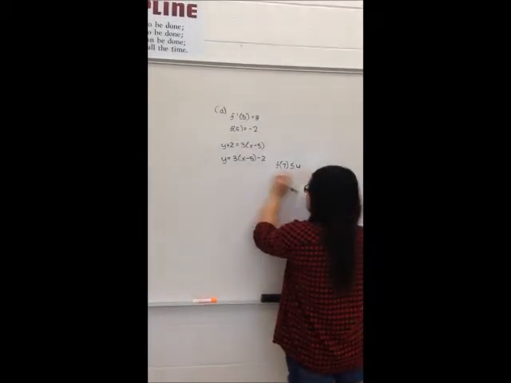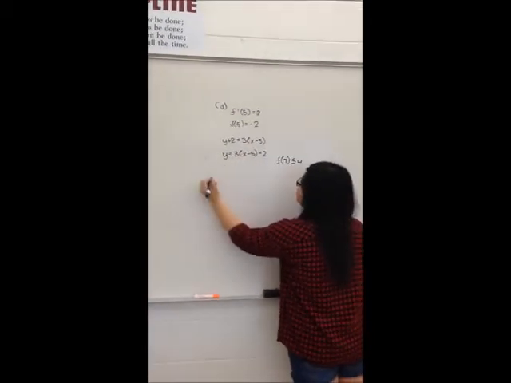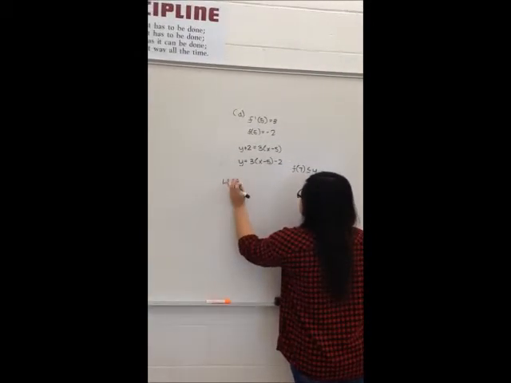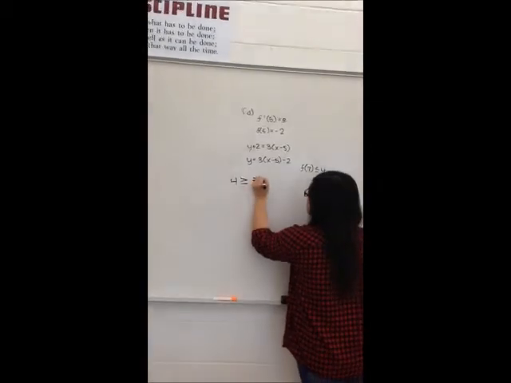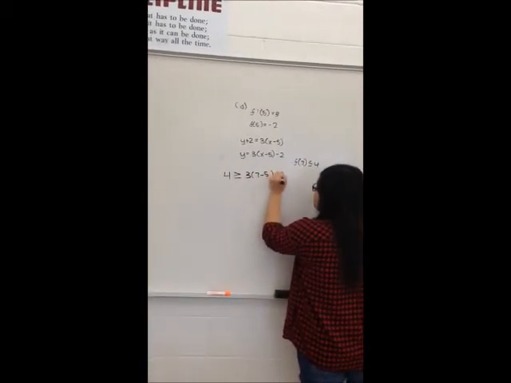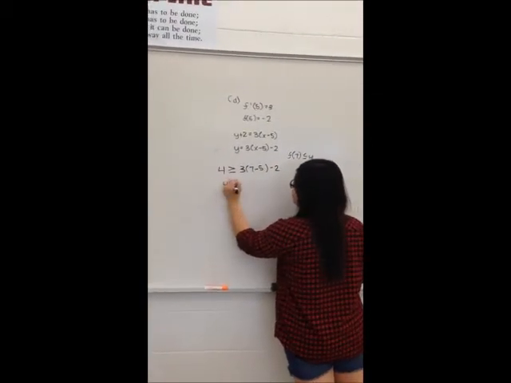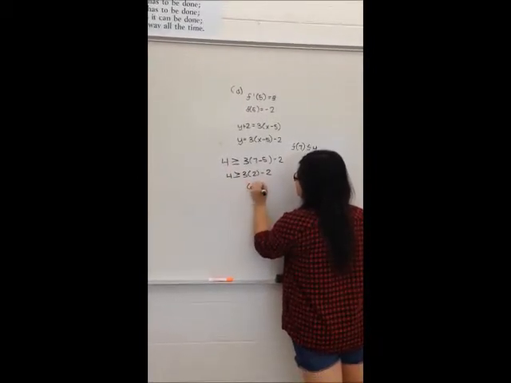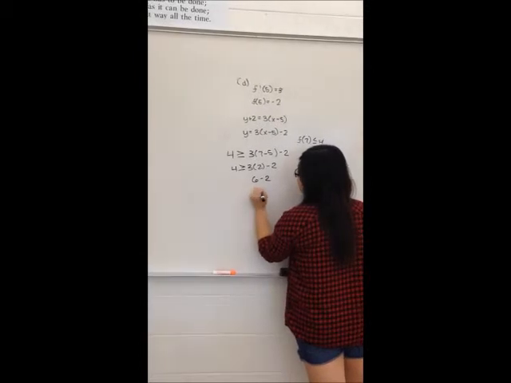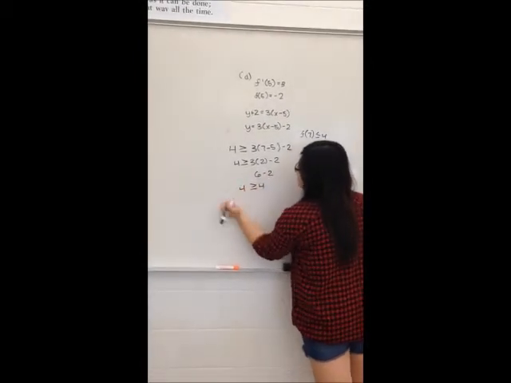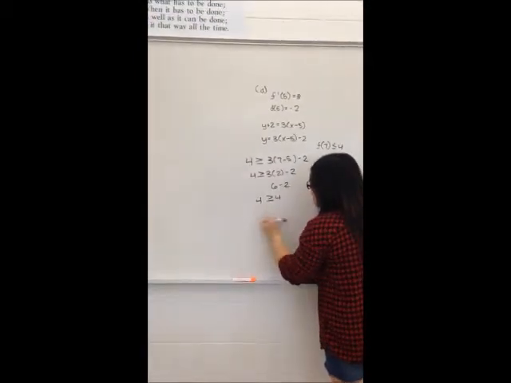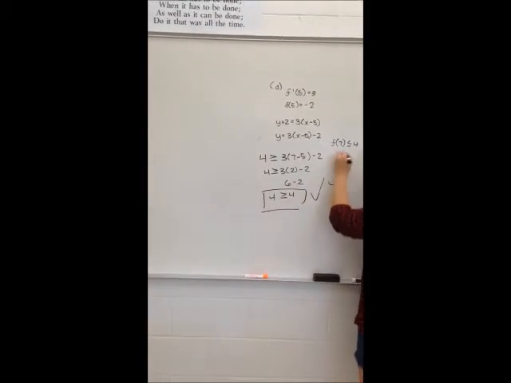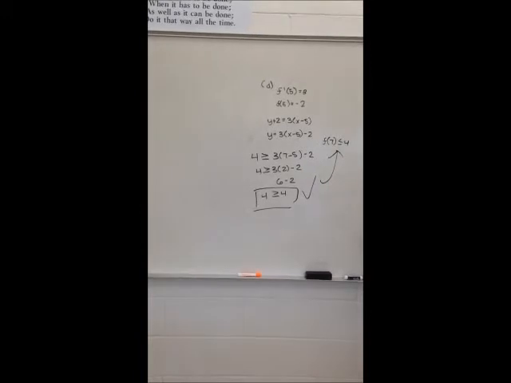So you substitute x equals 7 and you do 3 times (7 minus 5) minus 2. 3 times 2 is 6, minus 2, and then you get 4 here. And since 4 is greater than or equal to 4, it shows that f of 7 is less than or equal to 4.